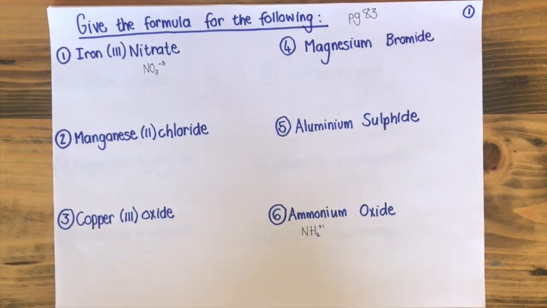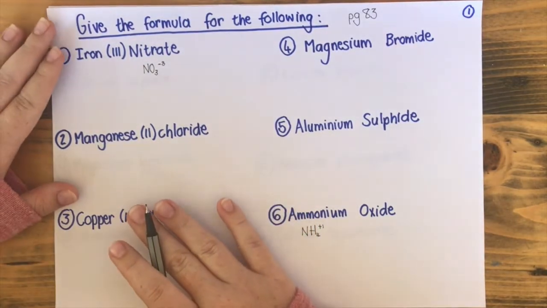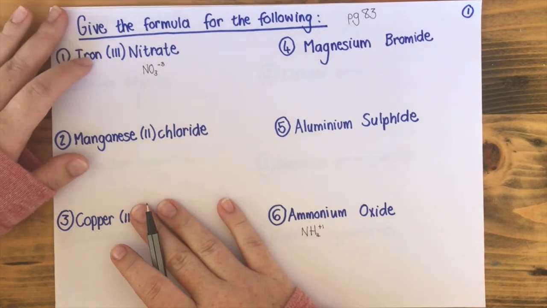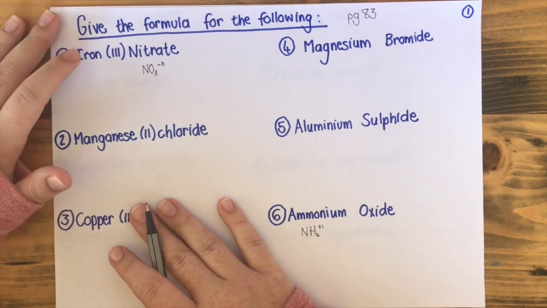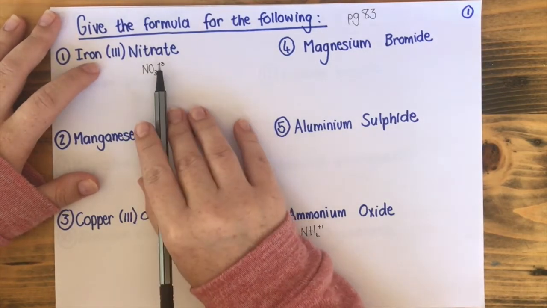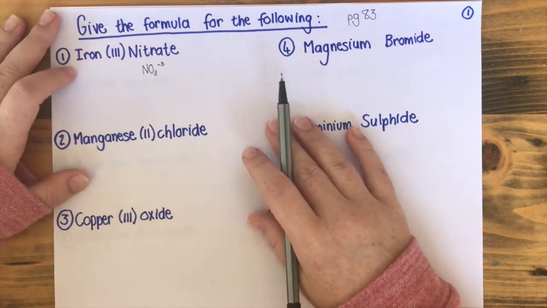So normally we would use a periodic table for this as well. You would be using the separate atoms or the positive cations straight from the periodic table for the most part, and then the negative ions are normally from that table that I've shown you.